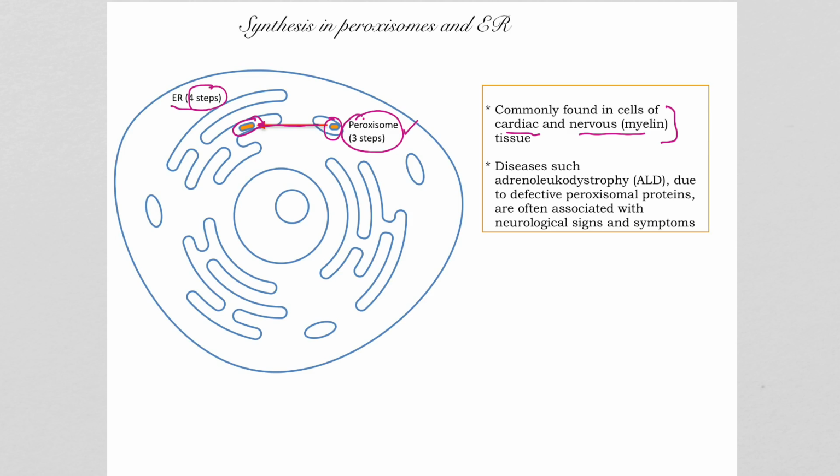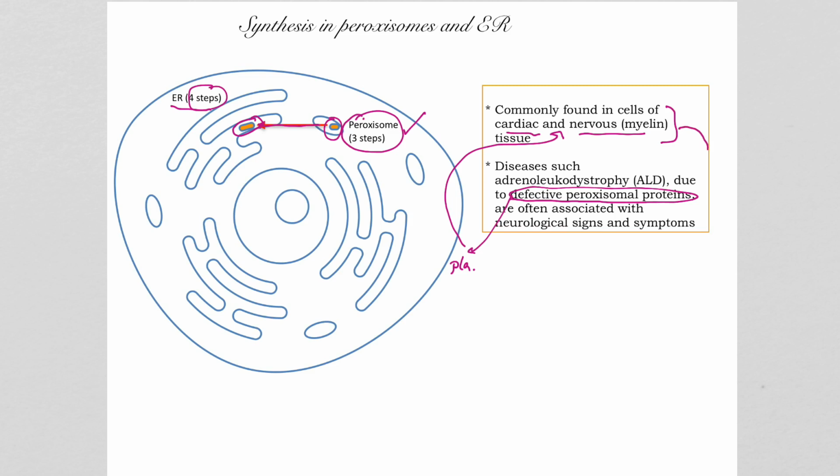Since peroxisomes are involved in plasmalogen synthesis, anything that is defective with peroxisomes, such as defective peroxisomal proteins, is going to affect the amount of plasmalogens in the cell, and that's going to affect the structure and function of that cell.